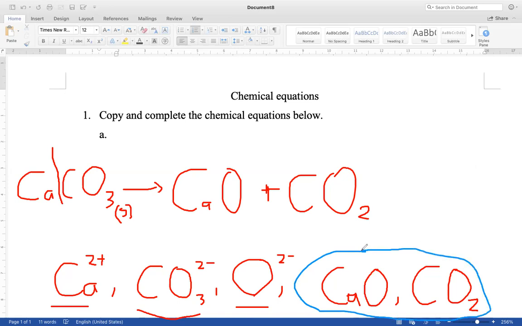These two are formed from the decomposition of calcium carbonate: calcium oxide as well as carbon dioxide. That is why this is one of the ways in which we form calcium oxide, which is called quicklime. We did this question in class.